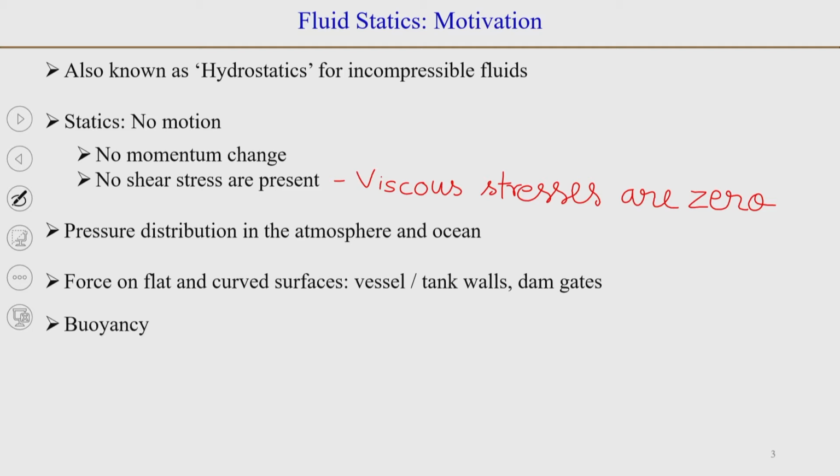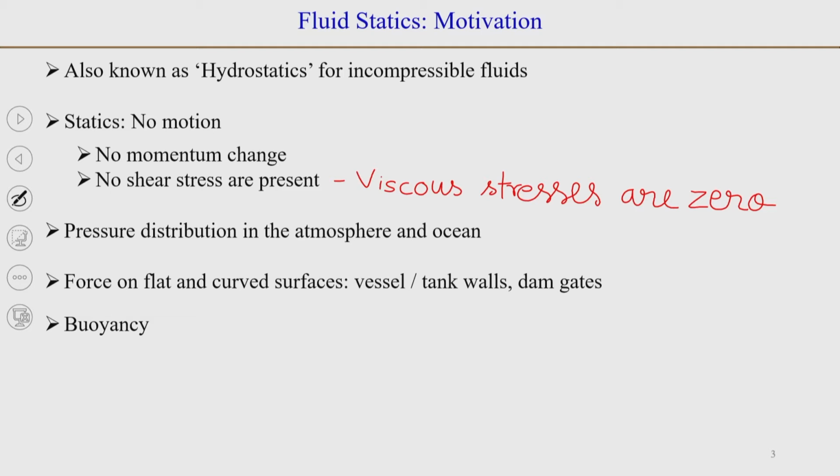Then we all know the principle of buoyancy, Archimedes principle, that when a body is submerged in a liquid, then a force acts on it opposite to gravity. If the body is lighter than the liquid, or the density of the body is lower than that of the liquid, then a net force will act opposite to gravity.